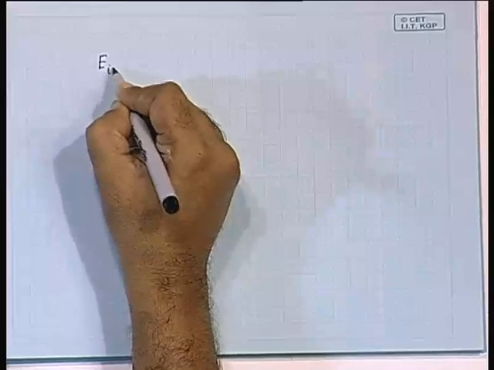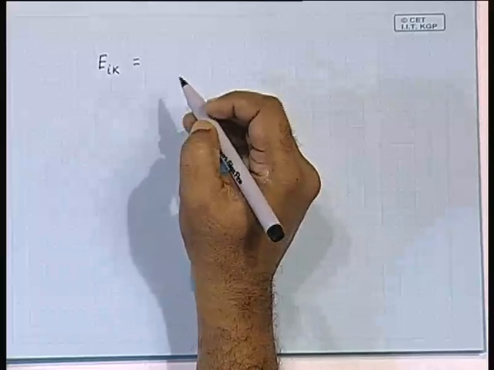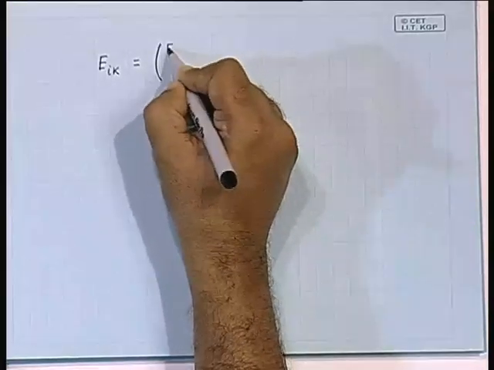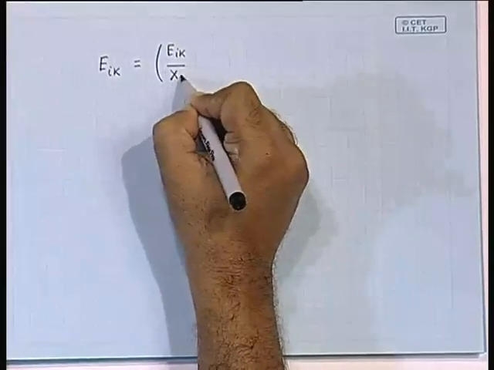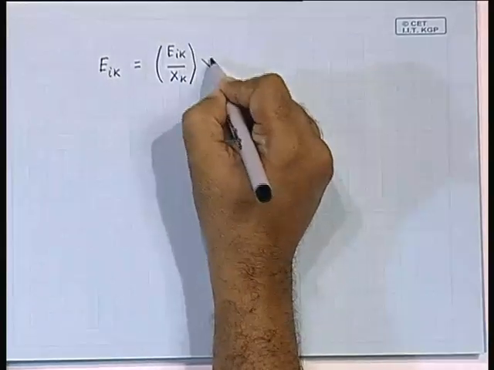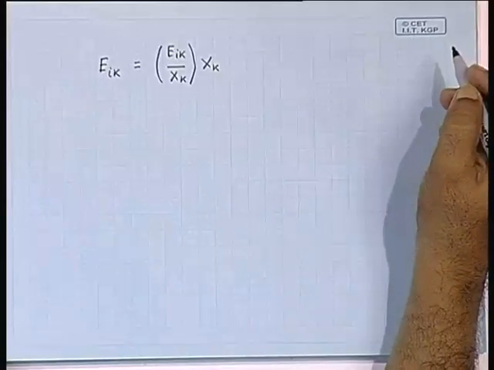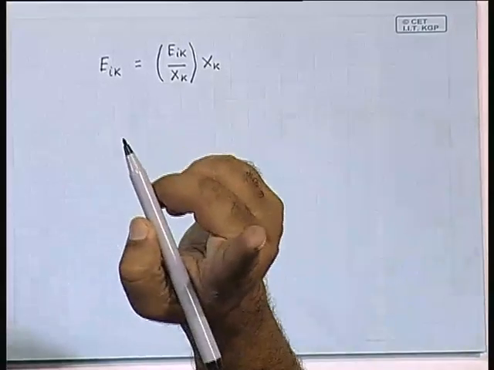Energy of sector I going to sector K. So, we can write E_Ik as E_Ik by x_k times x_k. Now, E_Ik by x_k are the things that we know.